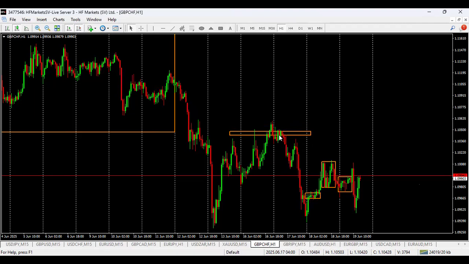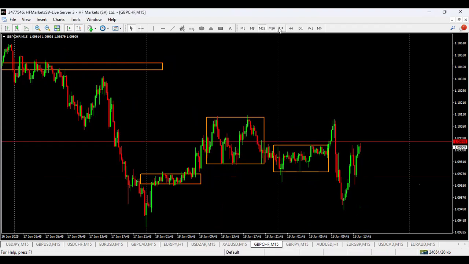Then if price reaches this level and gives you the conditions that you need to sell, that's where you take your sell order and make a profit out of it. And if your analysis had an anticipation of taking a buy entry at this point, then right now you would have been in profit.